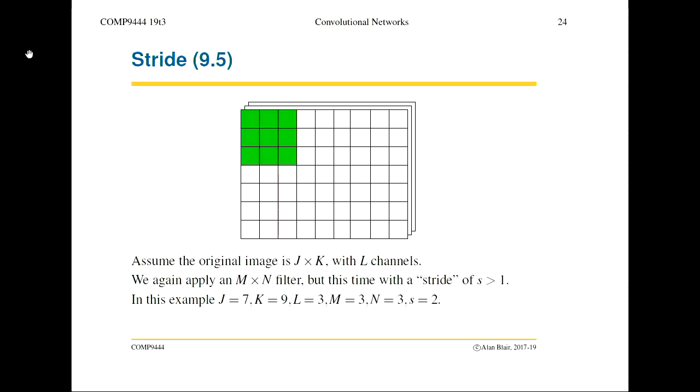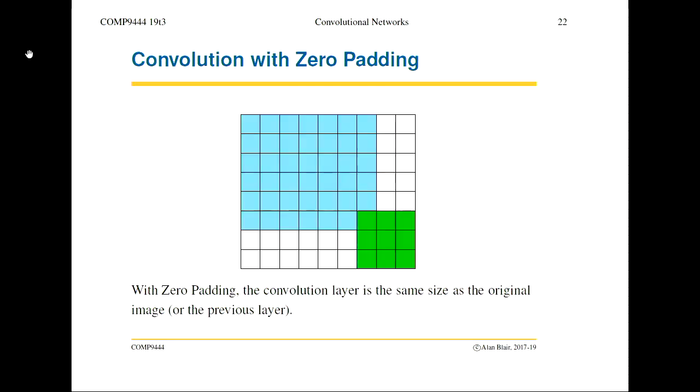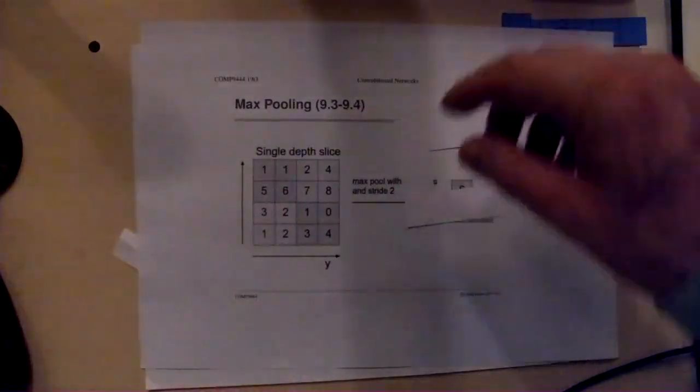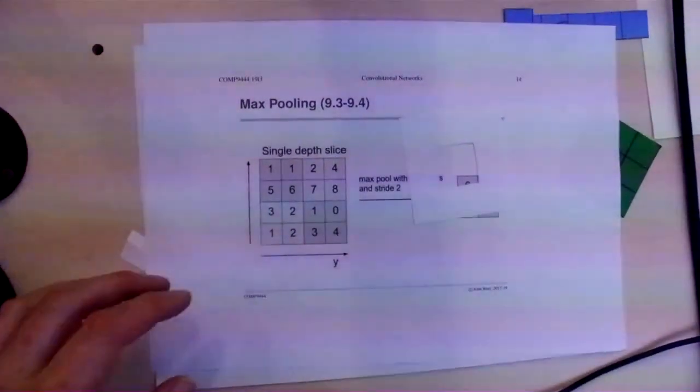Now, another thing that they did, again, a lot of this is just little tricks and hacks, but they used max pooling with overlapping layers. It's maybe just by chance that this works.